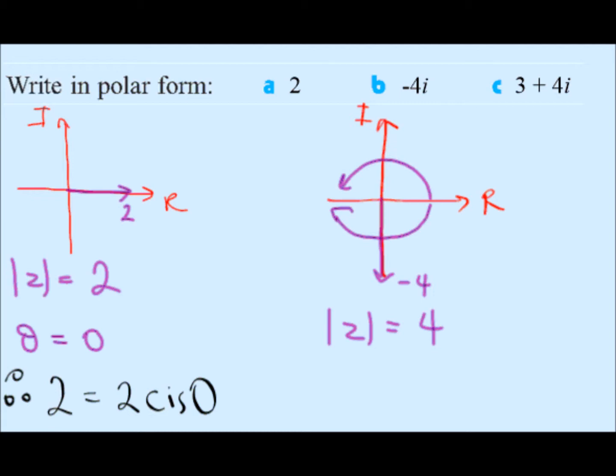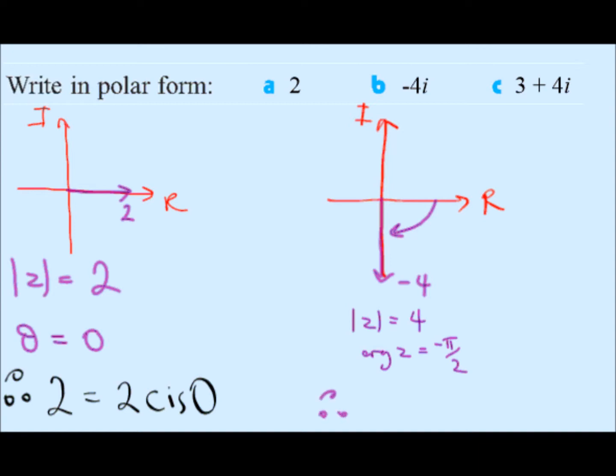In this case, the argument is around to here, so arg z is equal to negative 90 degrees. Expressed in radians, that's negative pi on 2. Therefore, our complex number negative 4i can be expressed as 4 times the cis of negative pi on 2.